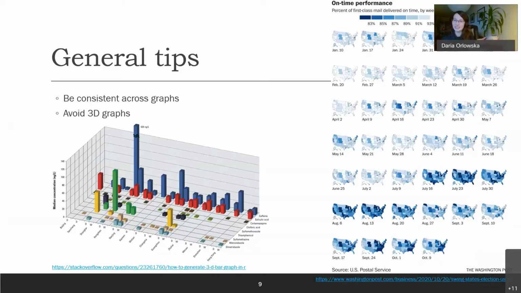Contrasting to the visualization that I put up, which isn't super great, is a 3D graph, which in most circumstances you want to do your best to avoid. It may look really good, but in order to fully appreciate it, you really need to rotate it, because you have bars that obscure other bars, and you even have something which is a no-no in this graph, in addition to it being a 3D graph.